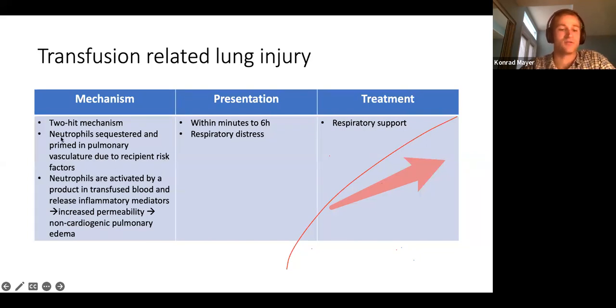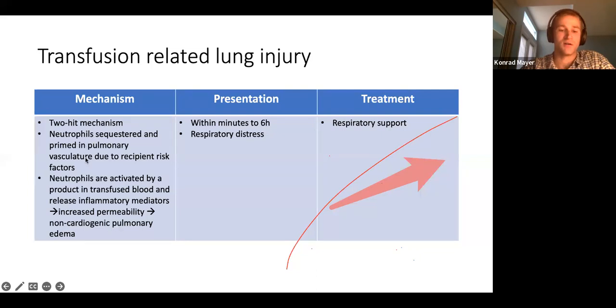So some people have neutrophils in their lungs just hanging out. And if these patients receive a blood product, these neutrophils can be activated, which will lead to an inflammatory response in the pulmonary vasculature. This increases the permeability and will cause a pulmonary edema, which is non-cardiogenic.